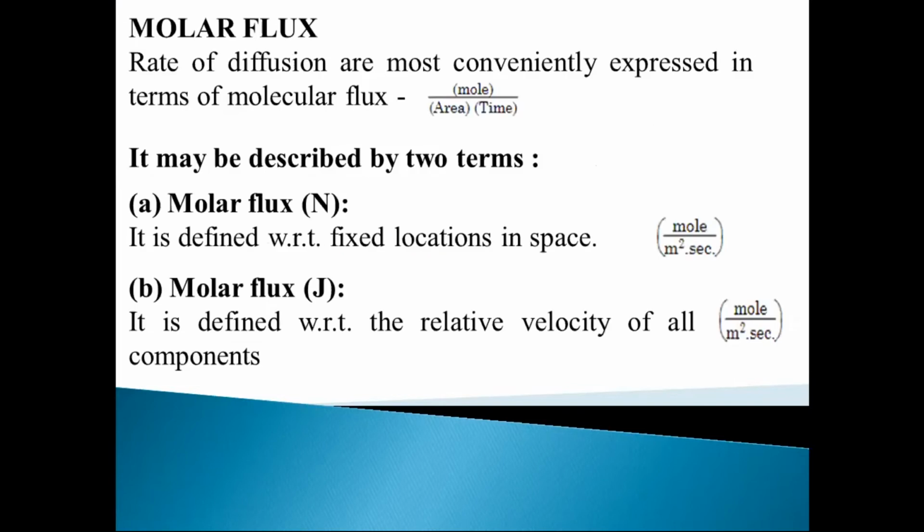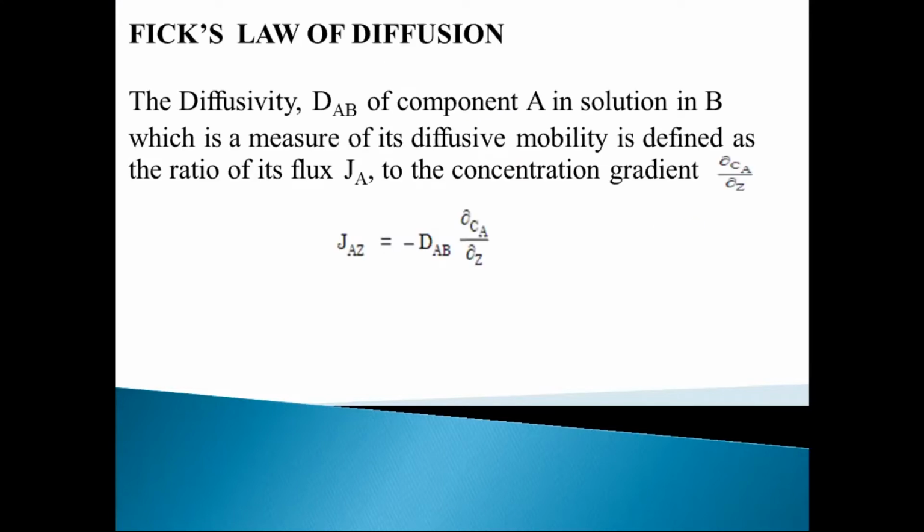It is JAZ with respect to relative velocity. It's not the N flux, it is the J flux. So it is the molar flux of component A in the Z direction with respect to the molar average velocity, and the unit is mole per meter square second. Next, DAB.